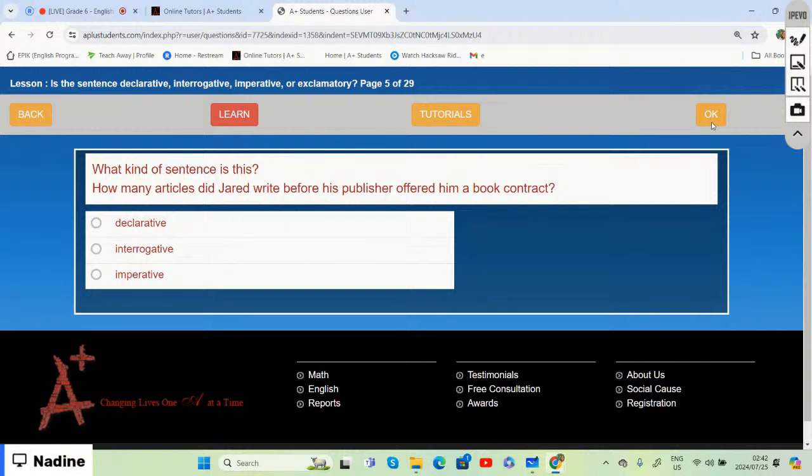Is this a declarative sentence, an interrogative sentence, or an imperative sentence?